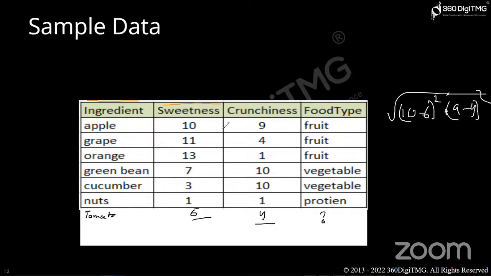This distance I'll measure again for each of the other points, everywhere. Then we'll take the k value. Suppose k equals 1, whichever is closer, we'll take that category. K equals 2, whichever is closer, that category. K equals 3, whichever has the higher majority, that category, like this.